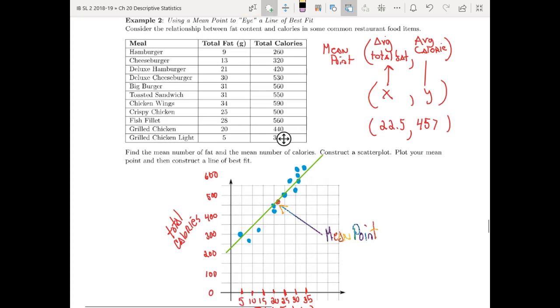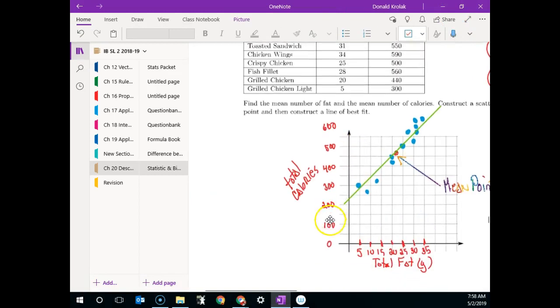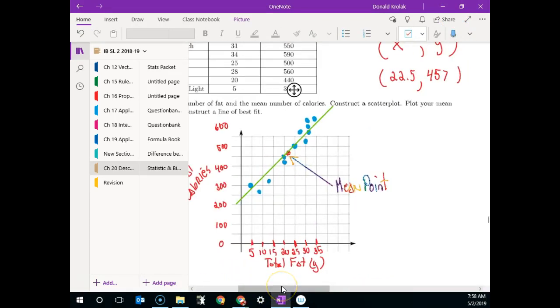Now if we wanted to write an equation for this line, find the slope, find the y-intercept, and you could come up with an equation for it. So this is our line of regression. We could say roughly y equals mx plus b. b looks like it's maybe 230.